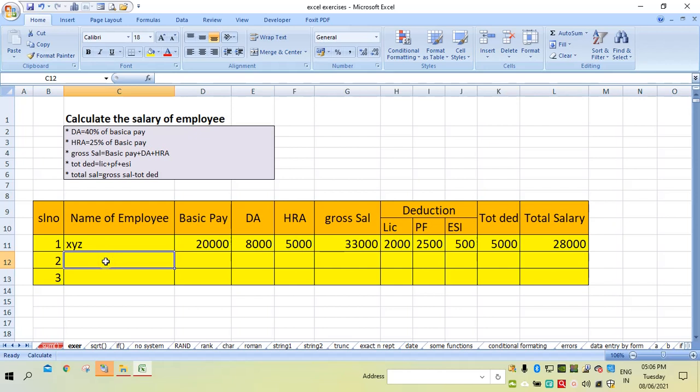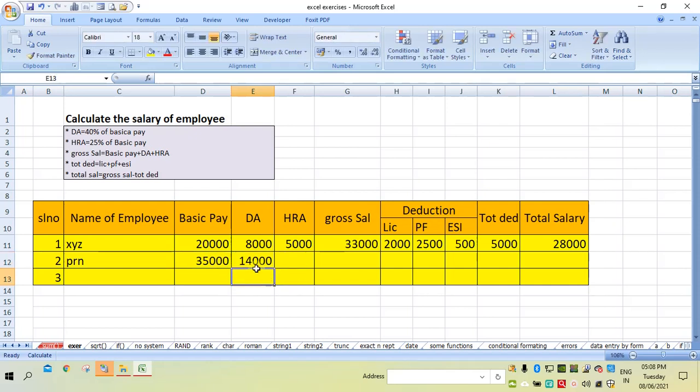Similarly, you can calculate one more employee's salary. Think that his earning is 35,000, and let me calculate. To calculate the DA of this, again I will type the formula: that is D12 into 40, whole divided by 100.